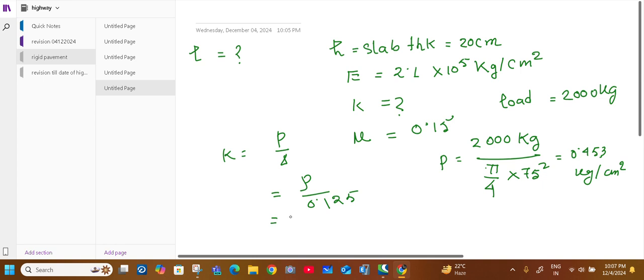So K is equal to 0.453 divided by 0.125 is equal to 3.62 kg per cm cube. So L is equal to 79.31 centimeter.